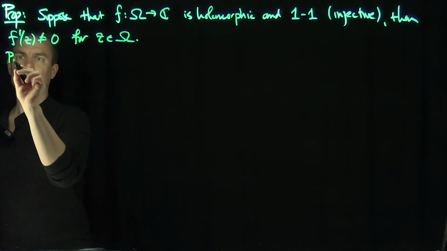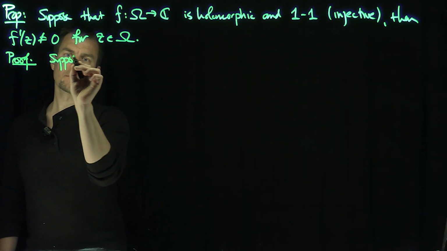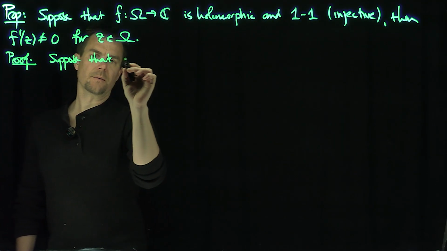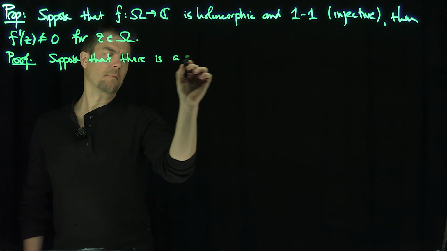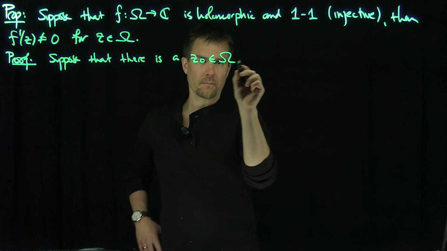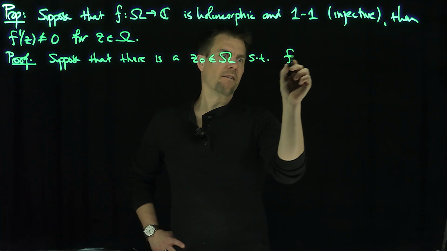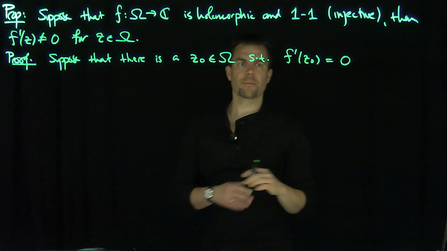Proof. Suppose that there is z0 in omega such that f prime of z0 is equal to 0, like that, okay?